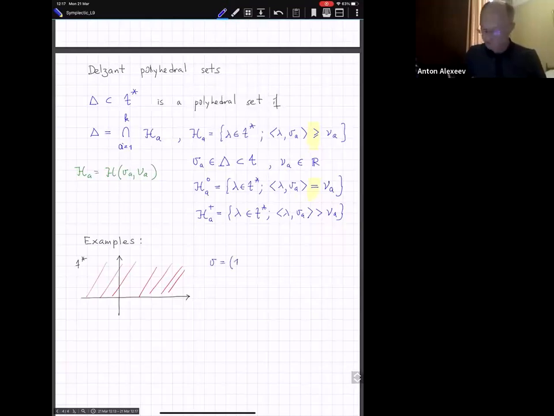I can choose, for instance, 1, 0, and nu equal to 0, right? Oh, sorry, 0, 1. That's wrong. 0, 1. So lambda 2 is bigger than 0. That's my half space.